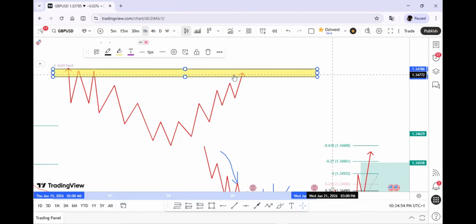Now all of this that you're looking for should be during session. If you're trading GBP pairs, it should be during London session / New York crossover. You don't want to be trading during Asian session. I don't trade Asian session anyways.